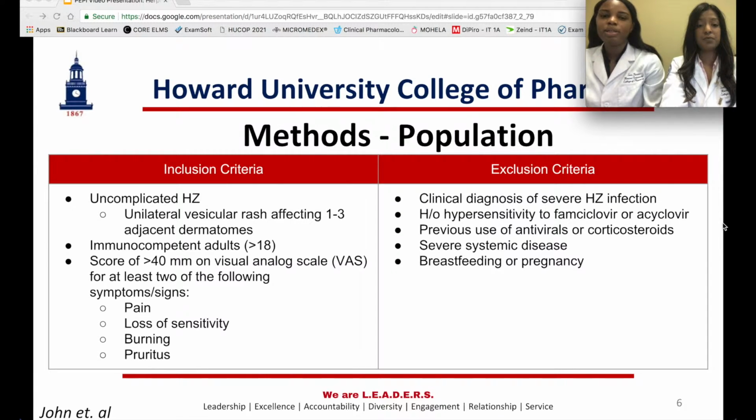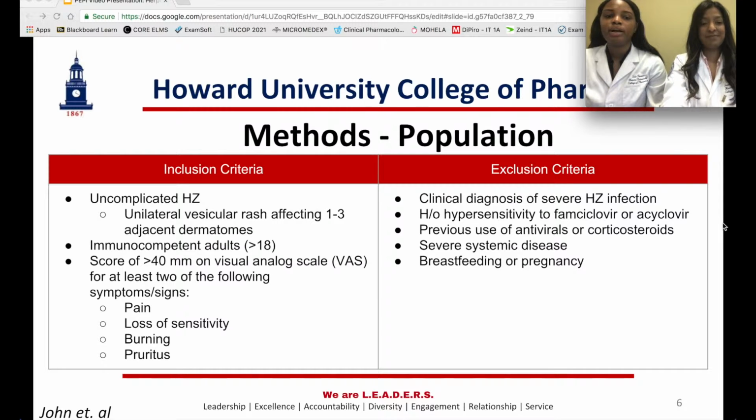Okay, so the study had pretty specific inclusion and exclusion criteria. For inclusion criteria, the study wanted patients who had uncomplicated herpes zoster, which is defined as a unilateral vesicular rash affecting 1 to 3 adjacent dermatomes.